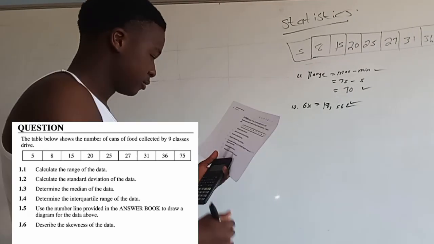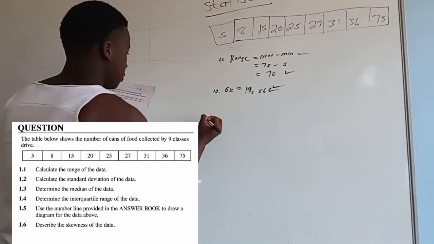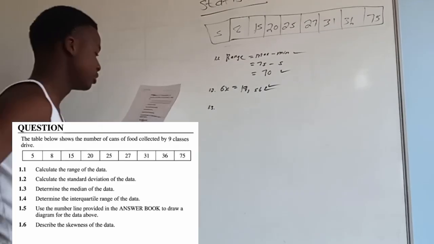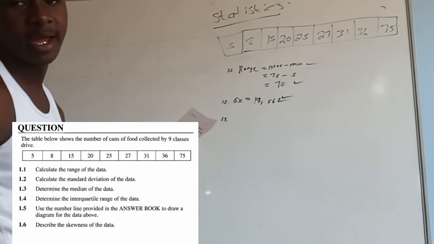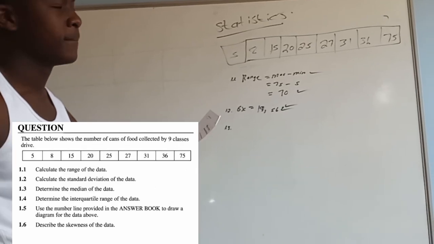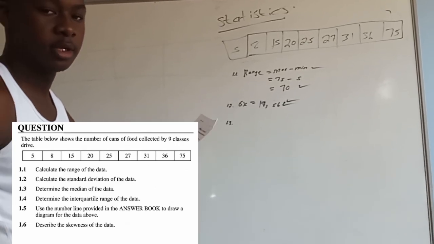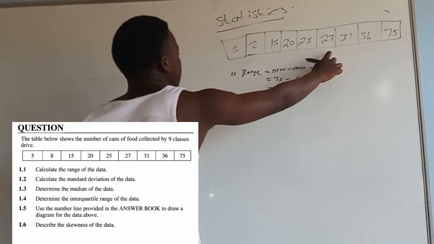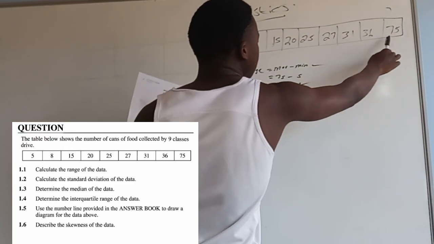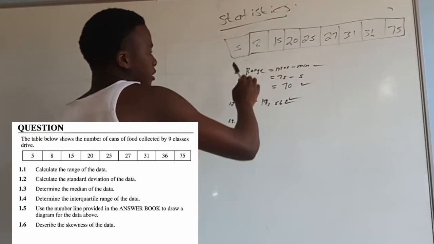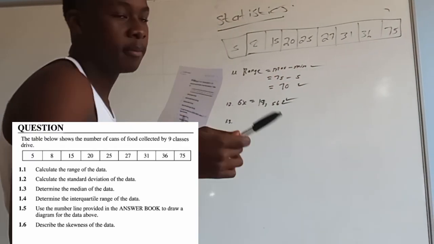Simple. And then 1.3. They say determine the median of the data. So the median, guys, is the middle number of the data. What's our middle number here? We'll say 1, 2, 3, 4, 5, 6, 7, 8, 9. So we have nine numbers.